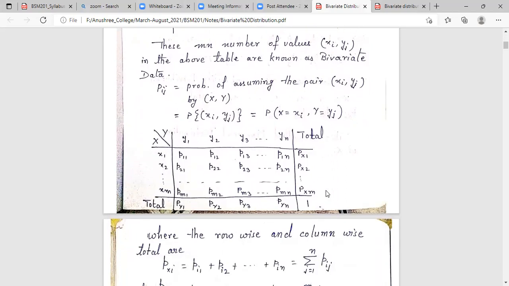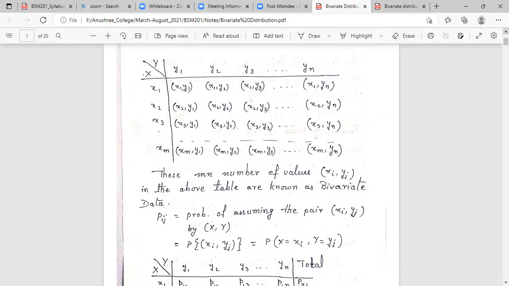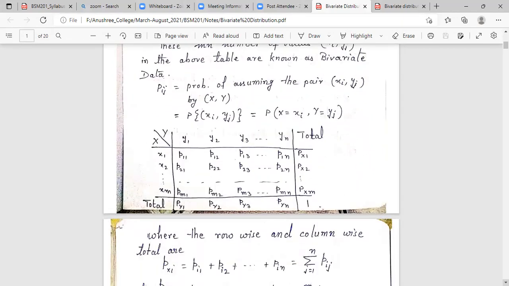First, I'm writing here Pij. What does it denote? The probability of assuming the pair xi, yj. That means in this table, the probability of getting each entry xi, yj is denoted by P suffix ij, and that will be obtained as P(xi, yj).